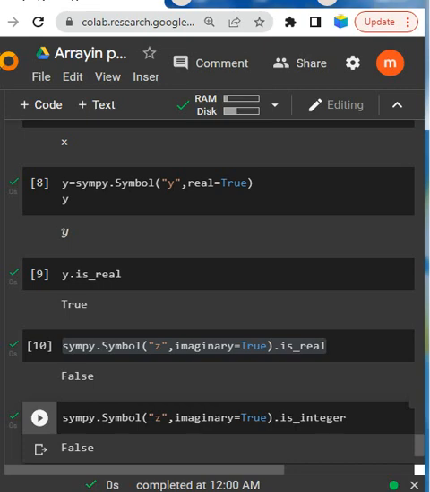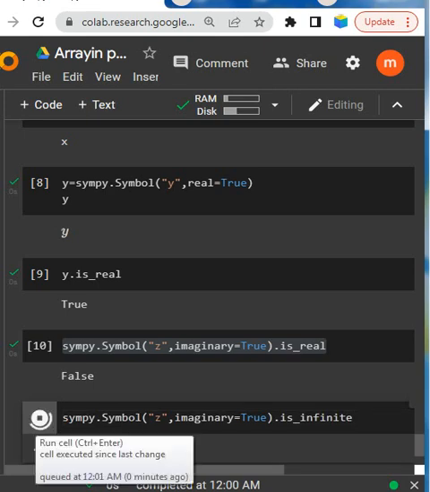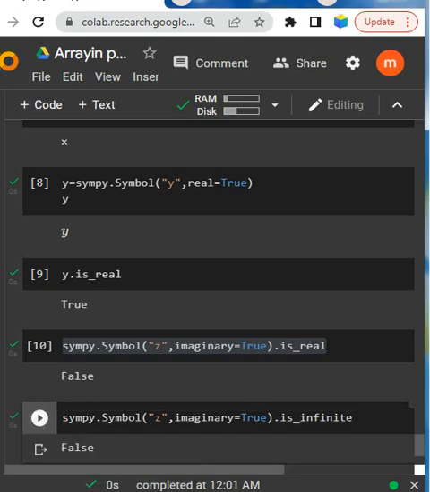Is odd, is even, so similarly we can also try is prime, is finite. So let's try here is infinite, false. Is finite?